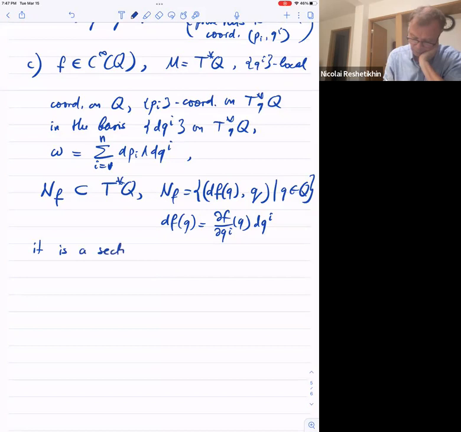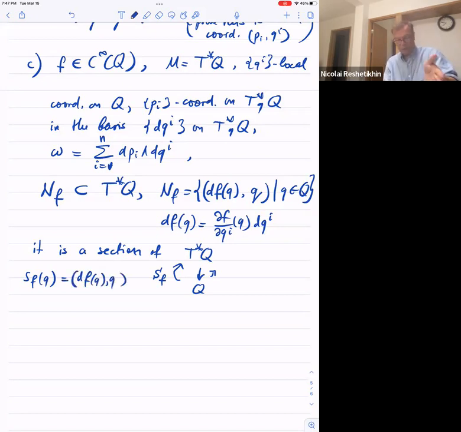It is a section of our projection on Q. In the cotangent direction, you stick not 0s as for the zero section, but the differential of this function.